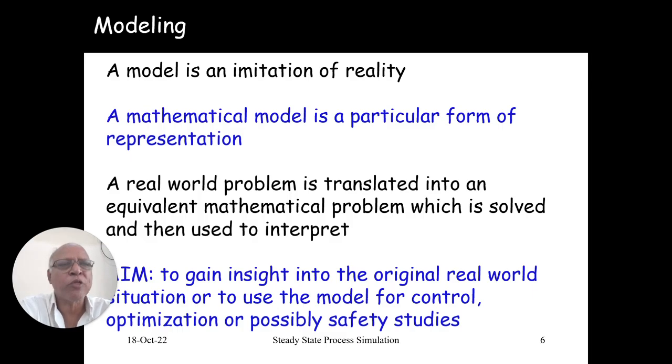So let me cite a small example. Consider, for example, an operating reactor in a process plant. Now, for some reason, I would like to find out the optimum temperature at which the reactor must be operated in order to get the maximum possible conversion. What are the possible options that you have?